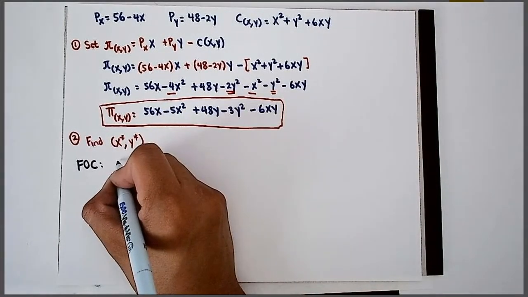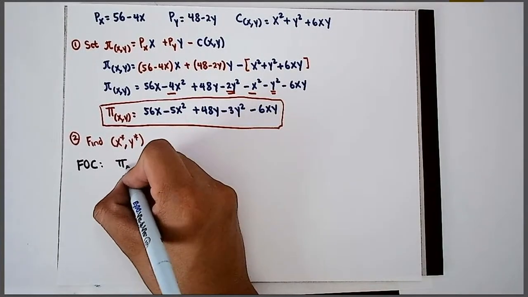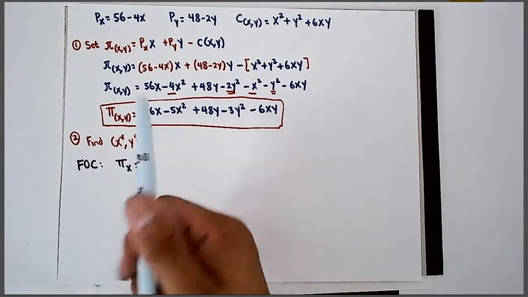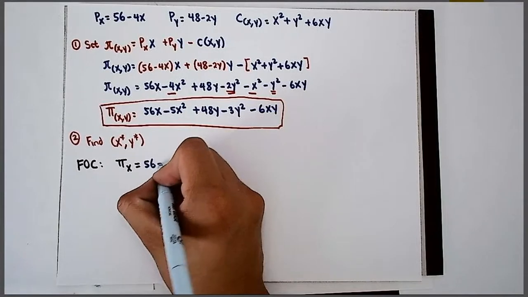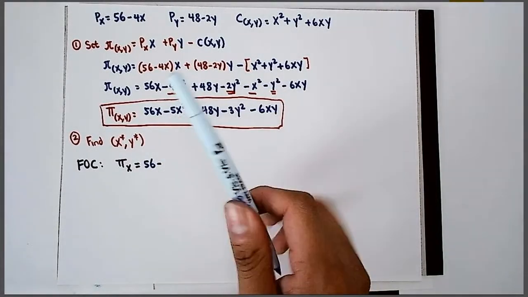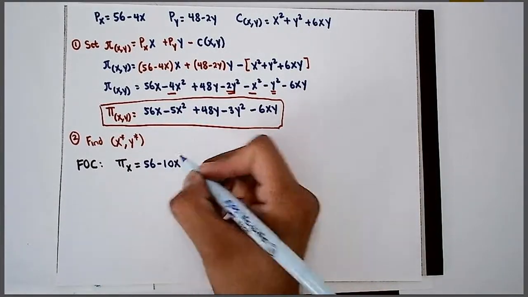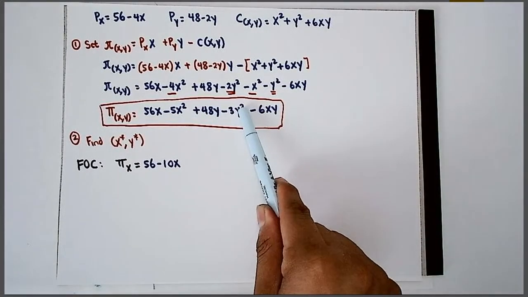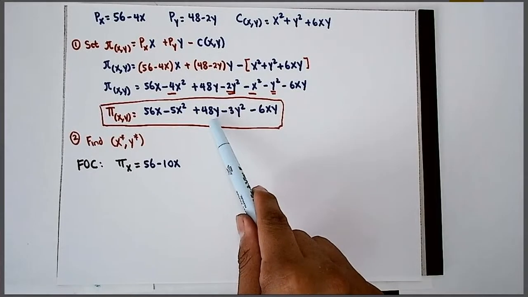First, we take the derivative of the profit with respect to x. So here we have 56, then the derivative of 5x squared is 10x. These two terms, when we take the derivative with respect to x, are 0 because they do not contain x.